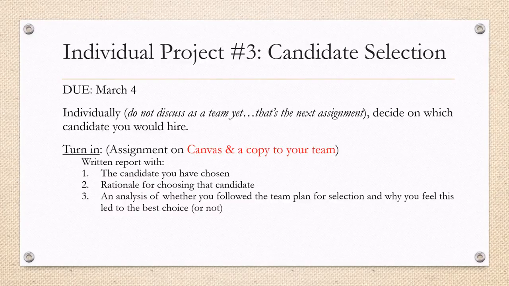For assignment 3, for your candidate selection, you will provide a written report with the candidate you've chosen and the rationale for choosing that candidate, and an analysis of whether you followed the team plan for selection, why you feel this led to the best choice, or if it did not lead to the best choice, explain here.